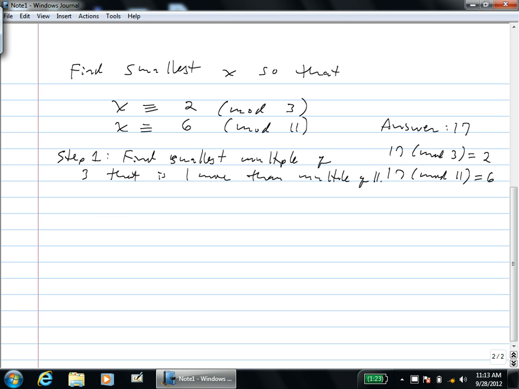And that's what we did in the do now. It ended up being 12, which I'm going to write as 4 times 3. That's our first step. The 3 and the 11 are the two things that you're going to be dividing by.